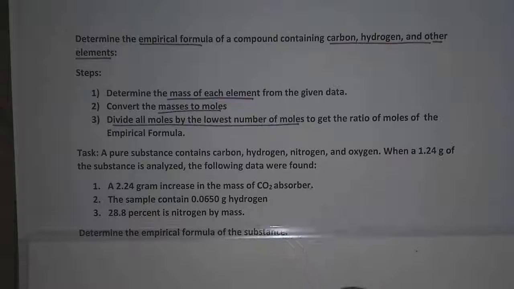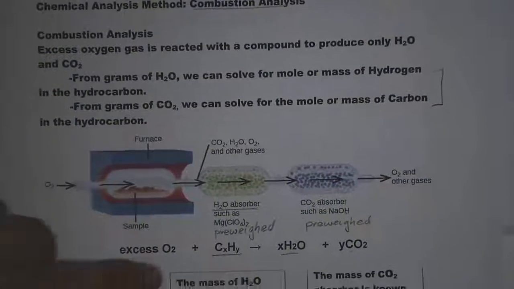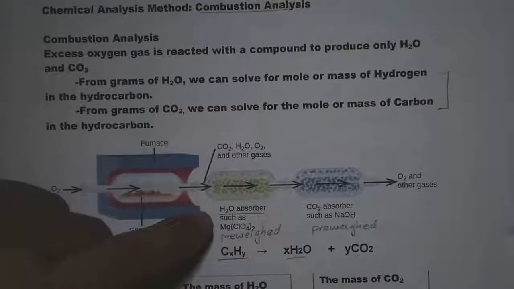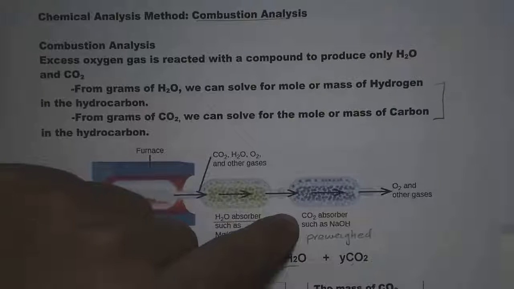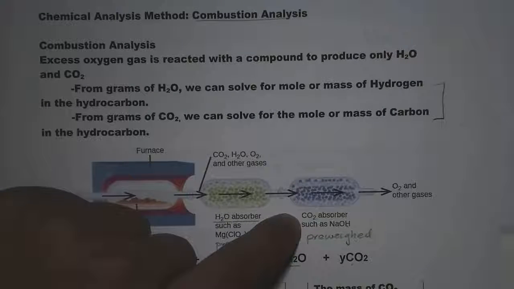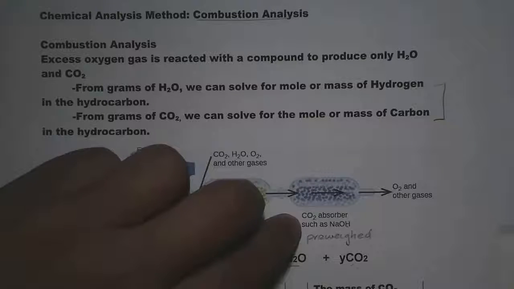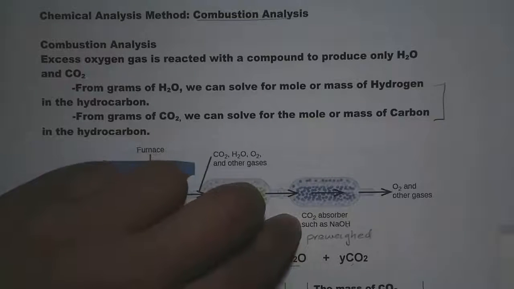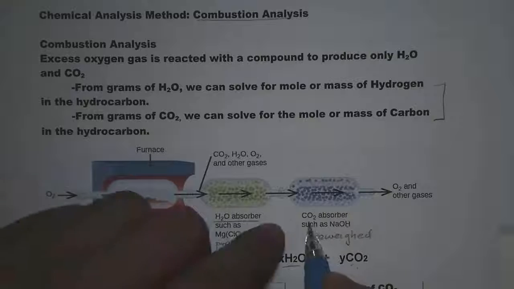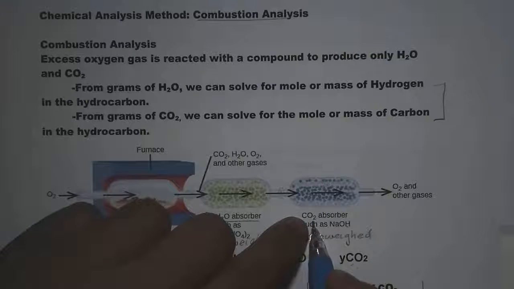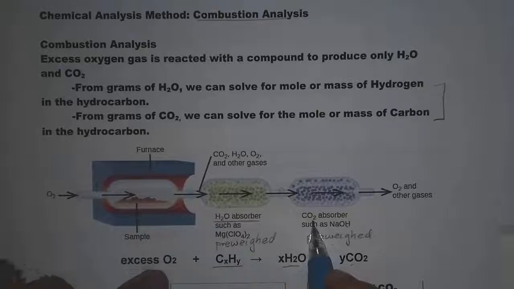And remember, combustion analysis is about finding what is being absorbed, either water or carbon dioxide. The change in the absorber, in this case carbon dioxide, is how much mass of carbon dioxide is being produced. And that allows us to convert from carbon dioxide produced to the mass of carbon in the substance.